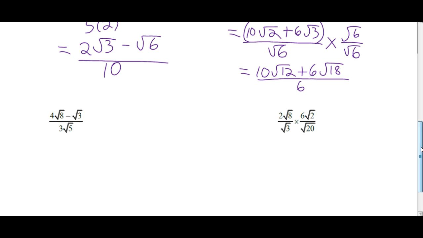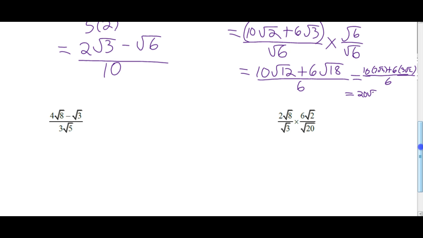Okay. What's root 12? 2 root 3. What's root 18? Need more space. 10 times 2 root 3 plus 6 times 3 root 2 over 6. Sorry, just over 6.